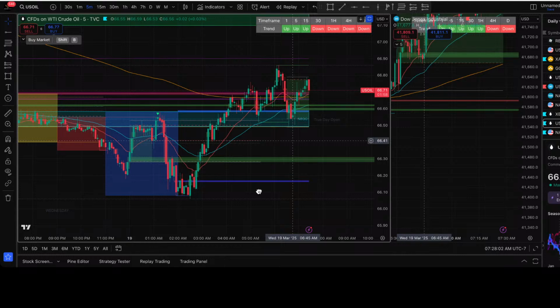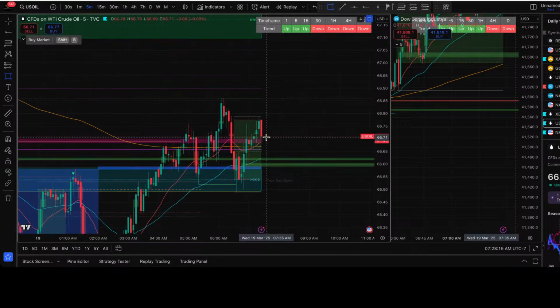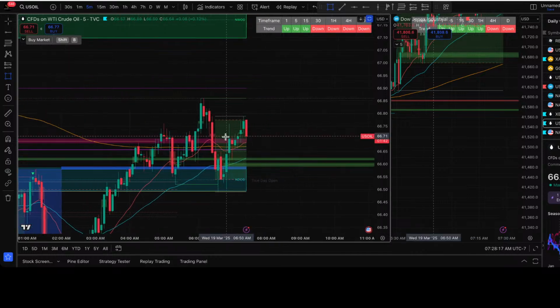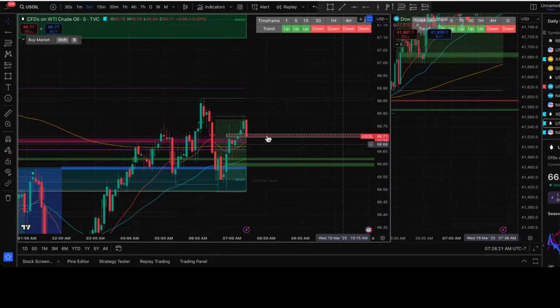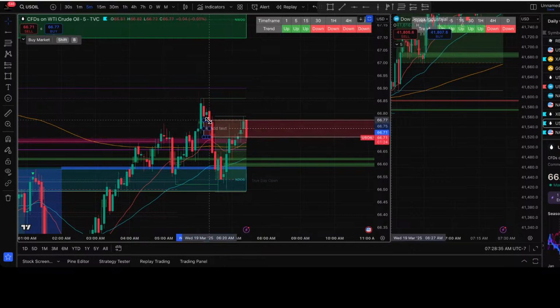So remember, anytime you manipulate in the direction of your bias, you want to see it retrace to a fair value gap in the zone and a high probability area, for example, the purple zone. So currently we are above the purple zone and we're above this fair value gap. I'm actually more interested in this inverse fair value gap here.